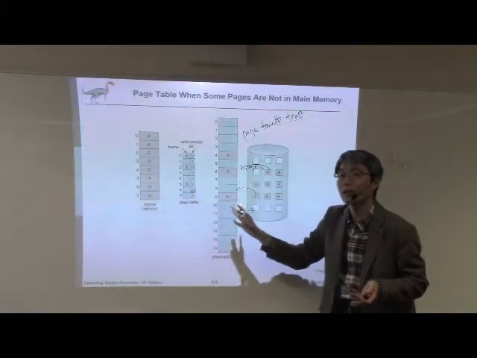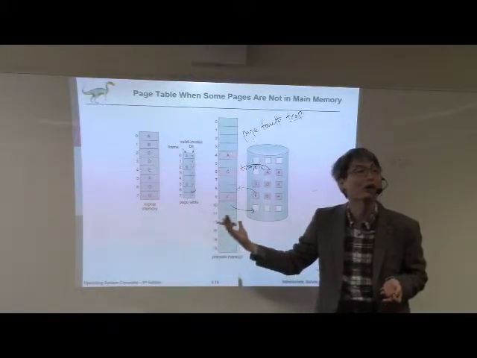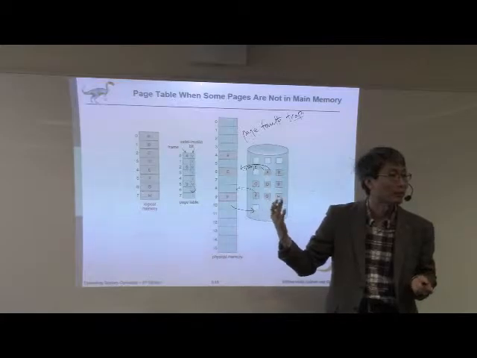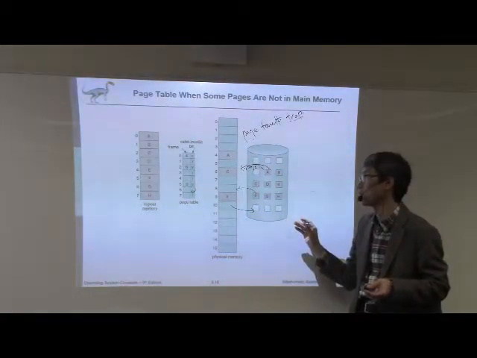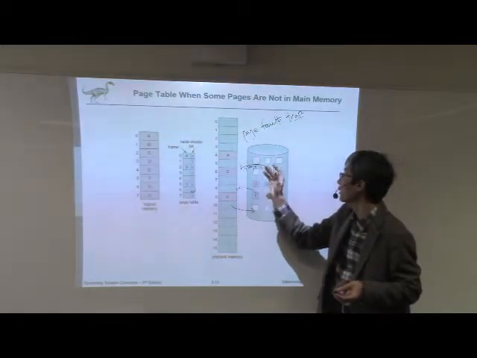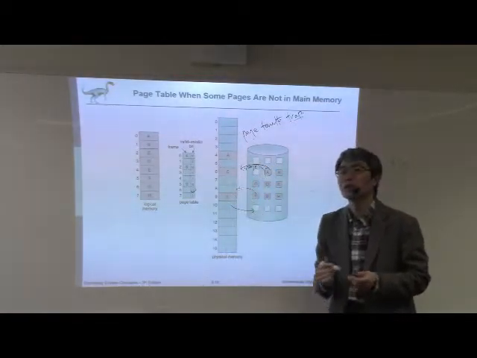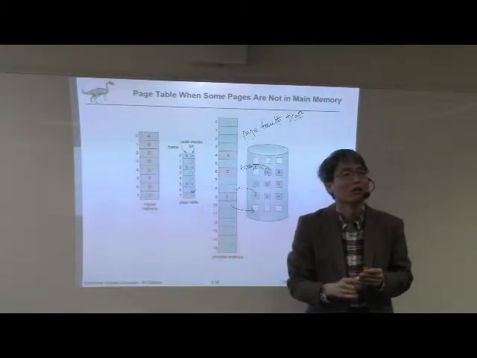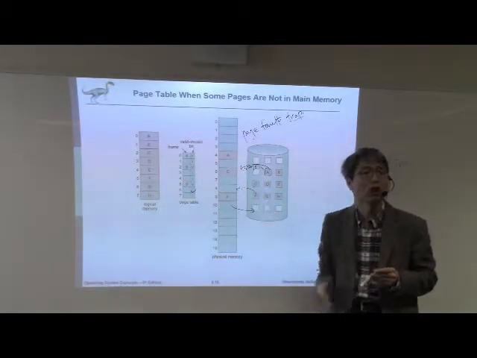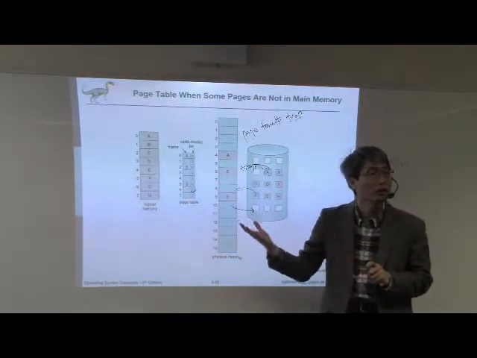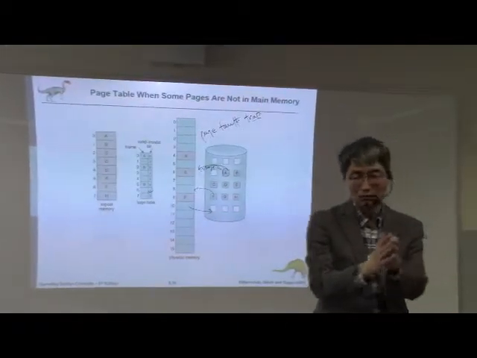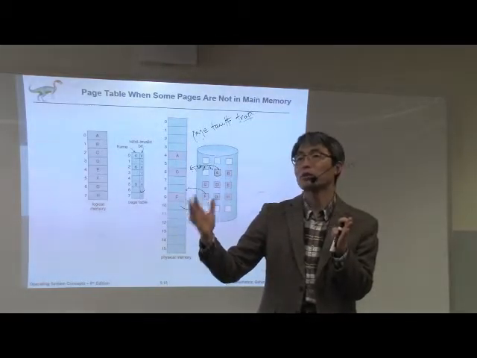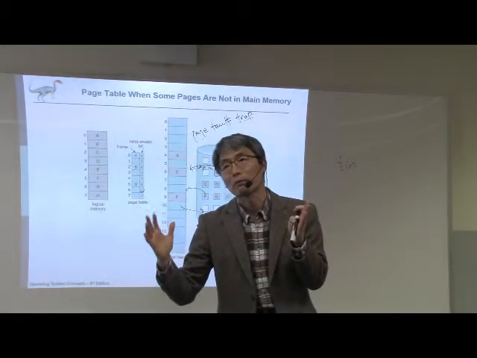If not, you need to decide one of the frames as the victim frame, then page out that victim frame, then bring the page into the physical memory. It needs at least two IOs, right? And additional operations. So this page fault causes a delay of the process, a delay of the system performance.